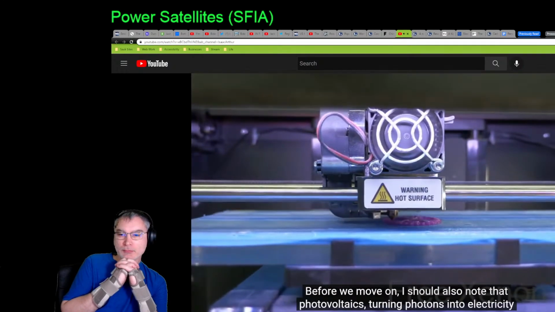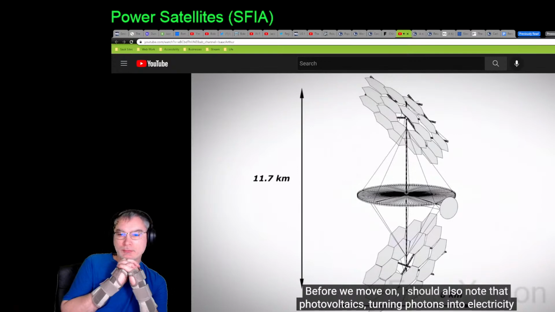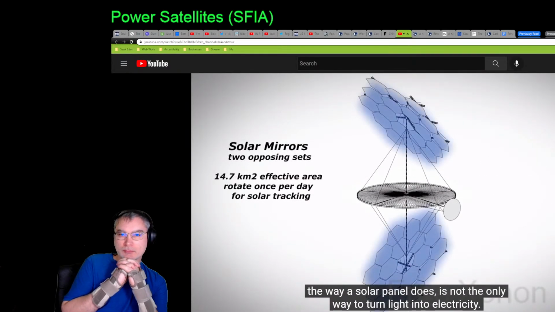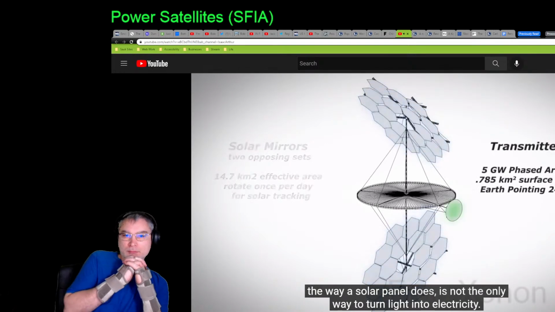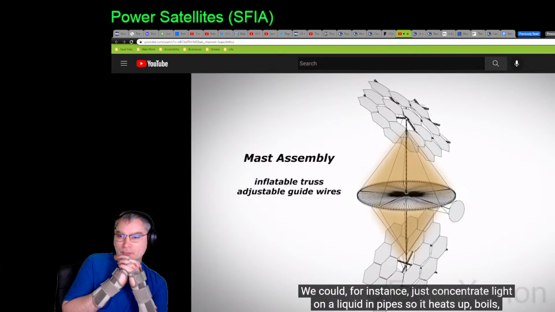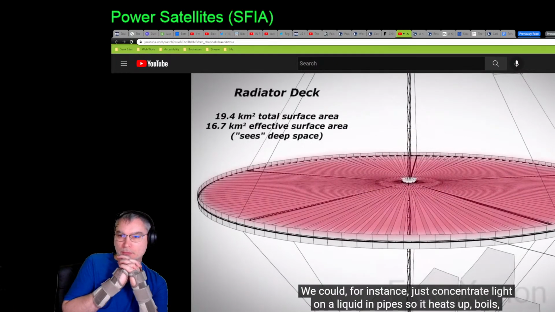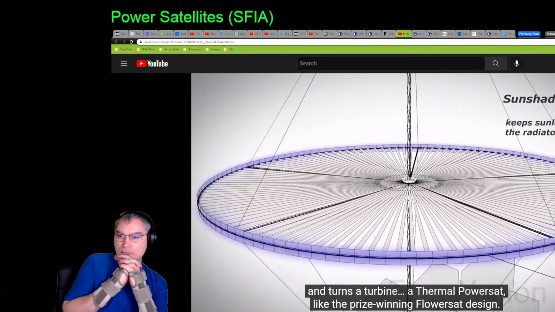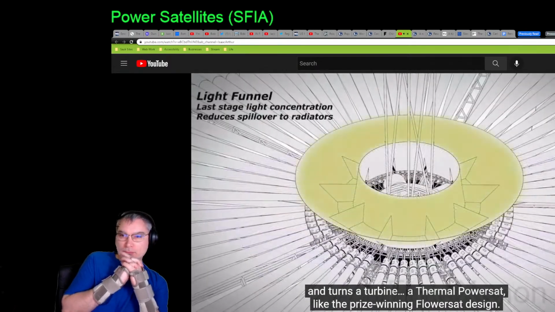Before we move on, I should also note that photovoltaics, turning photons into electricity the way a solar panel does, is not the only way to turn light into electricity. We could, for instance, just concentrate light on a liquid in pipes so it heats up, boils, and turns a turbine, a thermal power sat, like the prize-winning FlowerSat design.